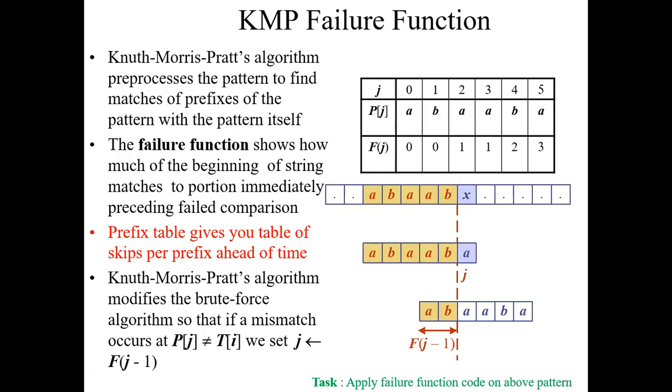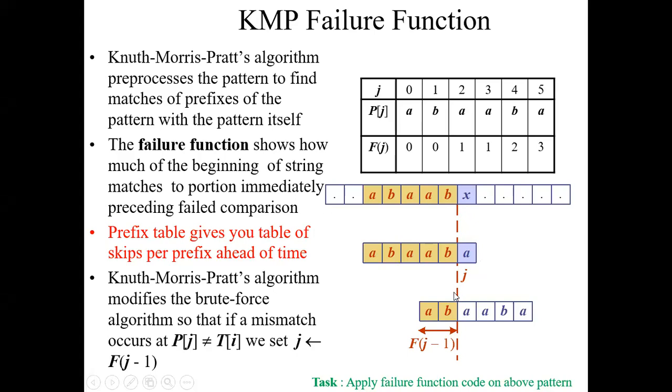Here the function is failure function, or we call this as a prefix table because हम prefix and suffix से compute करें. So the failure function shows how much of the beginning of the string matches to portion immediately preceding the failed comparison. As we manually see that यहाँ पे failed comparison है, preceding it how much is already being matched, that is AB has already been matched.